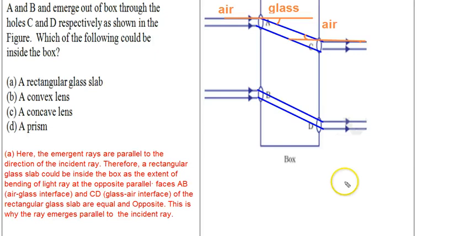So in the explanation we can say emergent rays are parallel to the direction of the incident ray. Therefore, a rectangular glass slab could be inside the box, as the extent of bending of the light ray at the opposite parallel faces of the glass slab is equal and opposite. So this is why the ray emerges parallel to the incident ray.